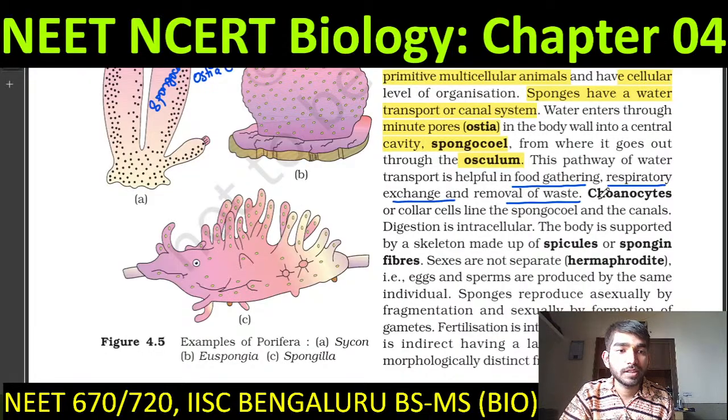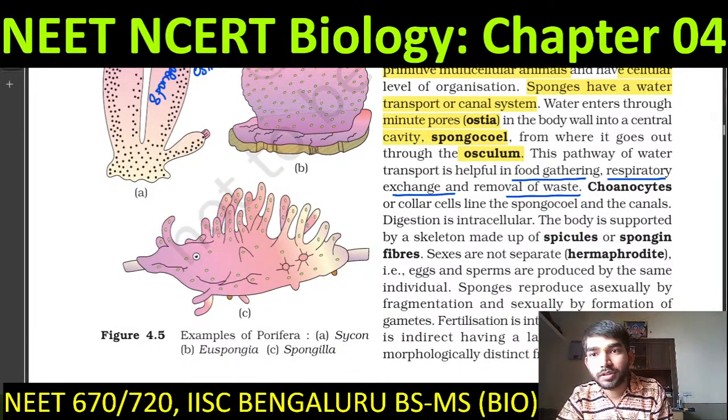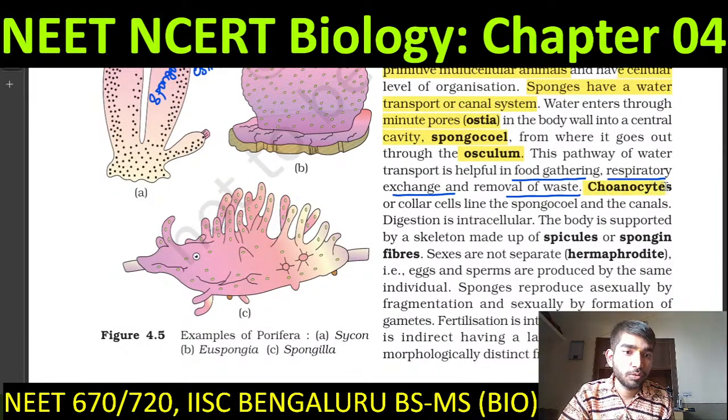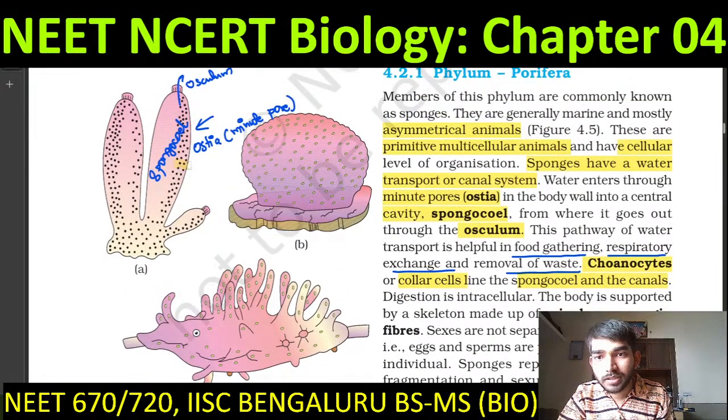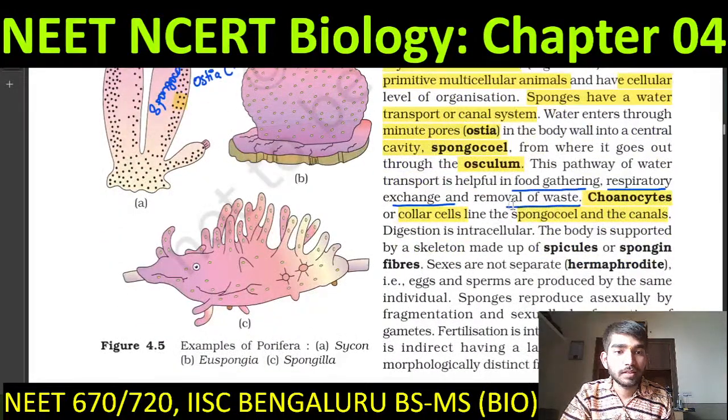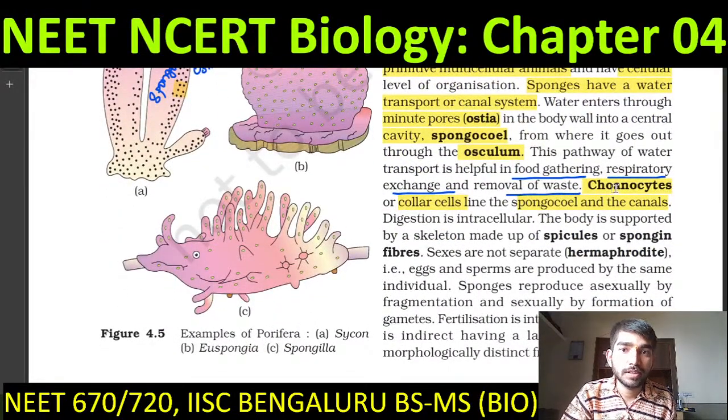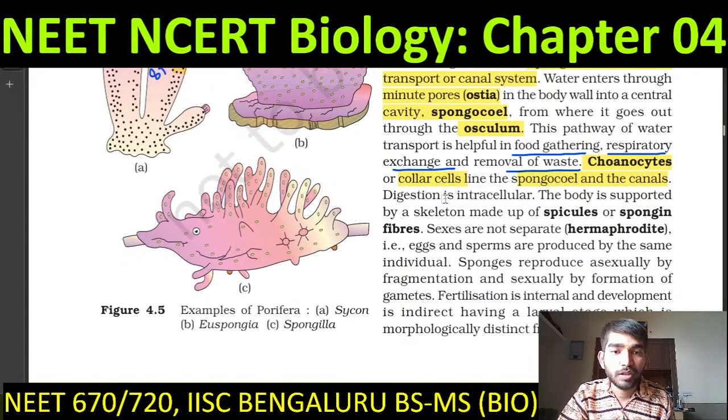It's very easy to understand. Then again, an important thing: choanocytes. Choanocytes or collar cells line the spongocoel and the canals. Inside, there are some cells called choanocytes, and there is some role of these choanocytes which is not described here. Let me complete this and then I will describe the role of choanocytes.